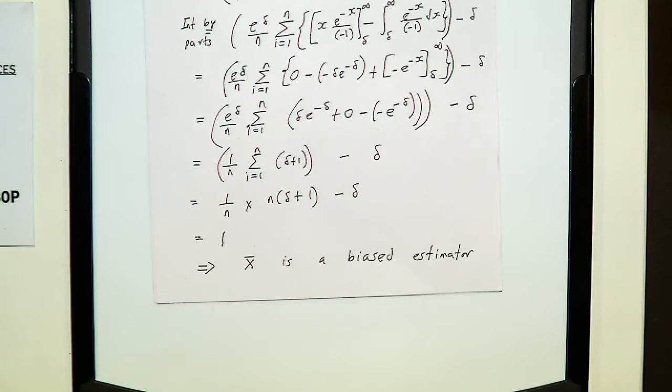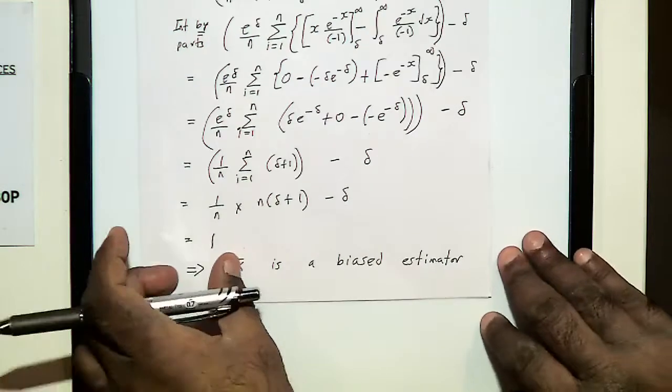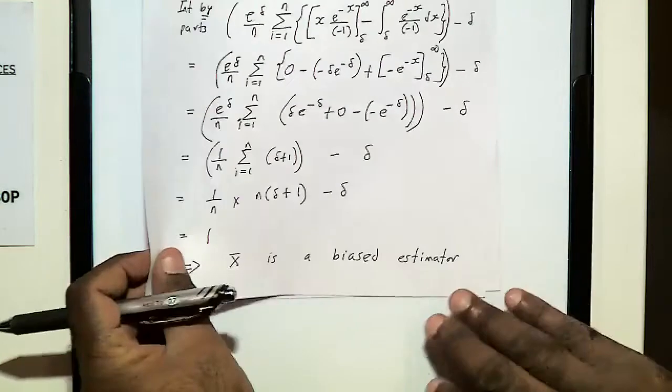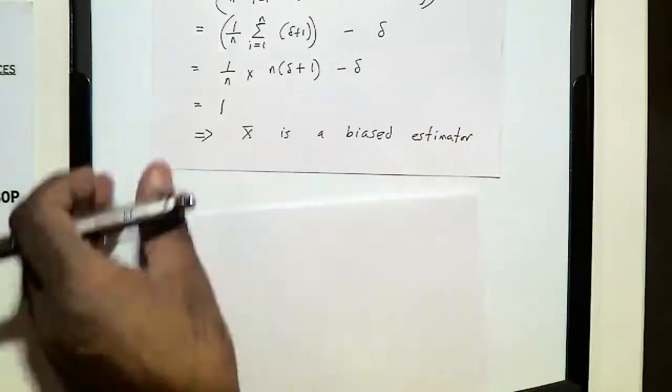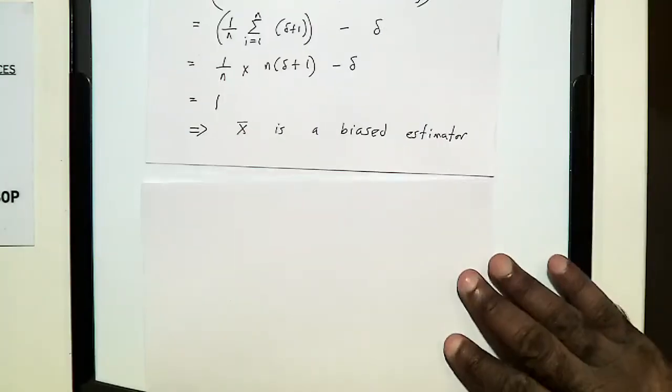The second part is to derive an expression for bias, which we have already done. The third part is, can you propose an alternative unbiased estimator for delta? I'm asking you guys. Can you propose the alternative? So we have already done part 1.